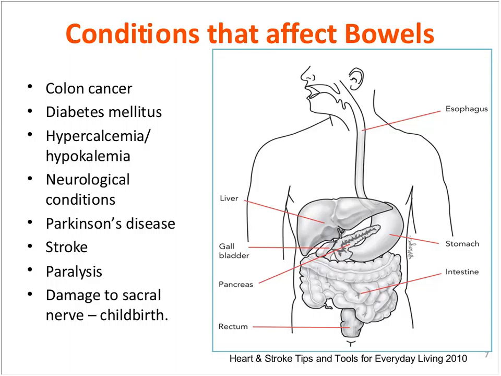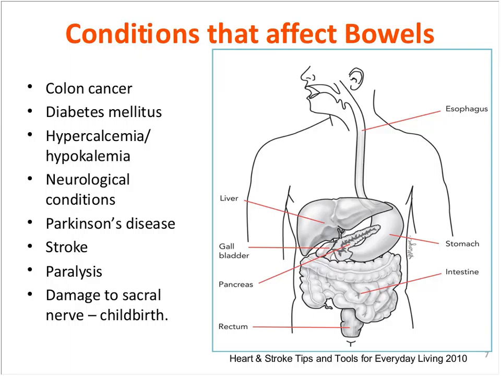One author, a gastroenterologist, has written a book called The Second Brain, which refers to the intricate functioning of our gastrointestinal system. It actually has as many nerves as our brains do, and it's very well connected with nerves and hormones. So basically anything that affects the conduction of nerves in the bowel is going to increase the risk of having constipation.